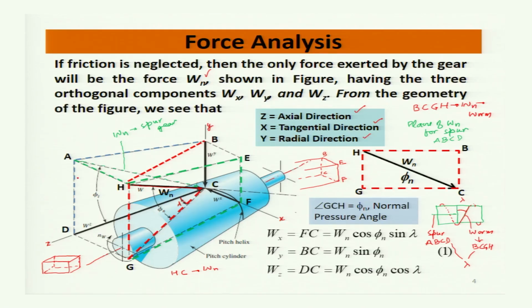So this element A, B, C, D, E, F, G, H is taken in such a way that its sides are along X, Y, Z, along the axial direction, tangential direction and radial direction of the worm.